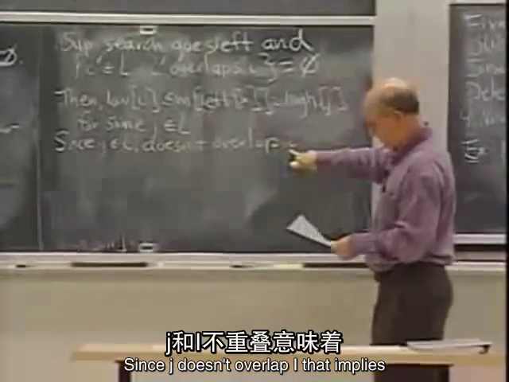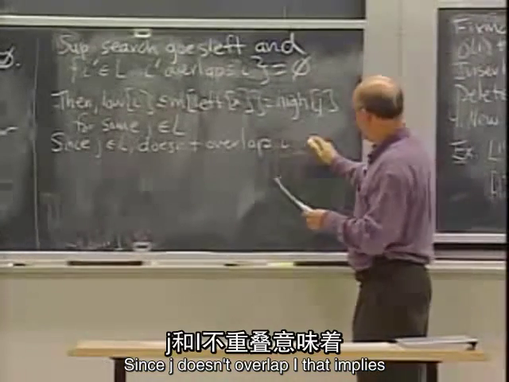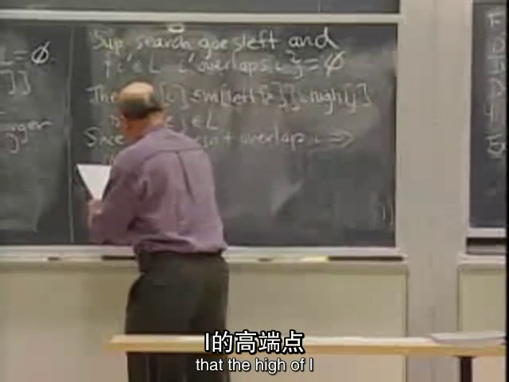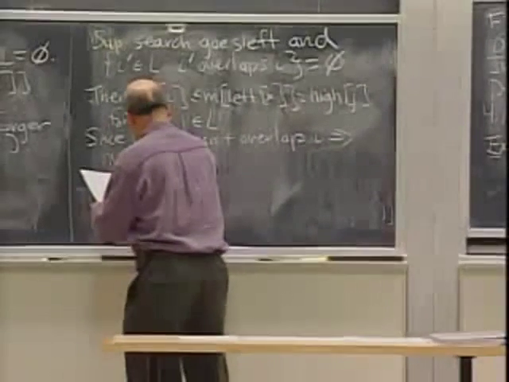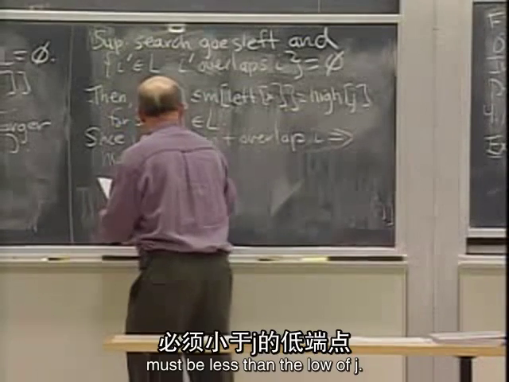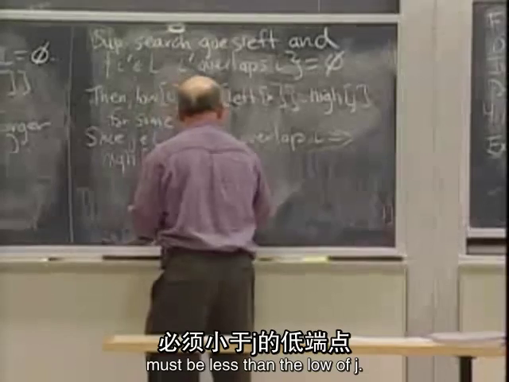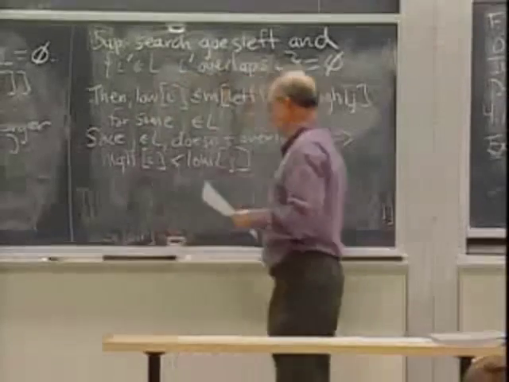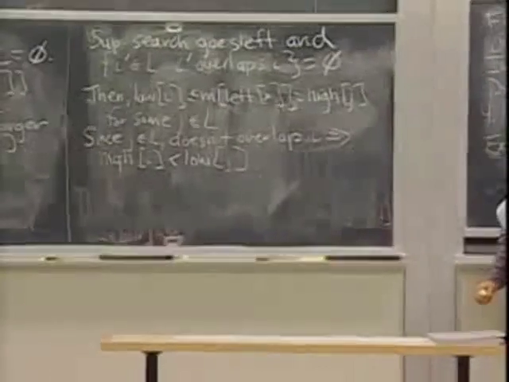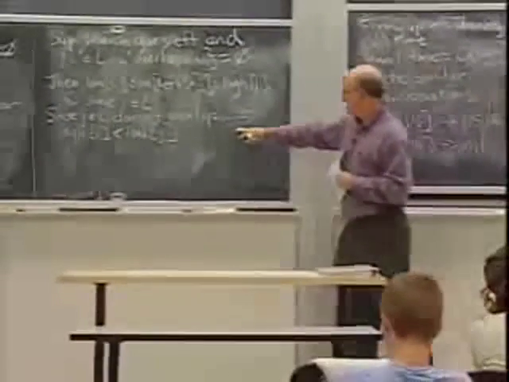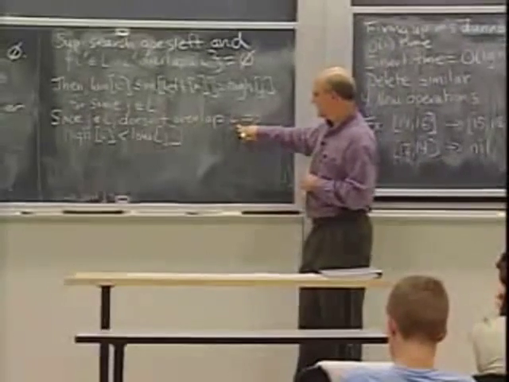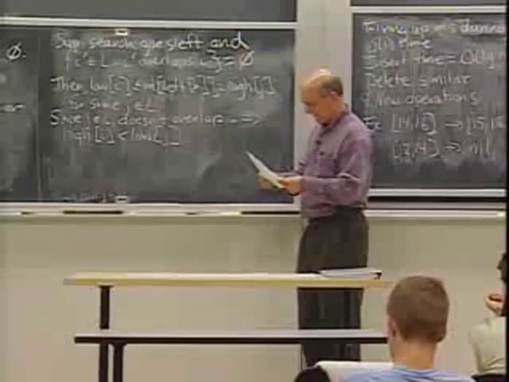So since j doesn't overlap I, that implies that the high of I must be less than the low of j. So since j is in L and it doesn't overlap I, what's the possibilities?